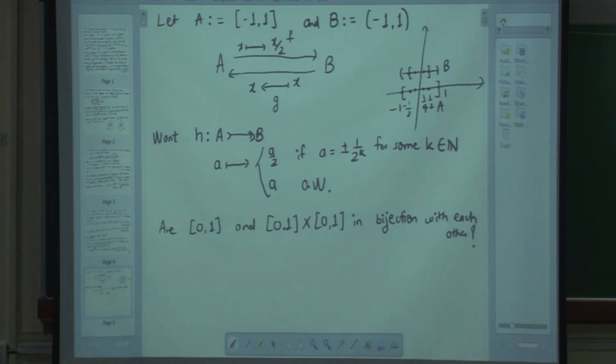One is simply a bounded interval in real numbers, and another one is a filled up square in the plane. Are these two in bijection with each other? Clearly, the interval can be embedded as a side of the square, but what about the others?